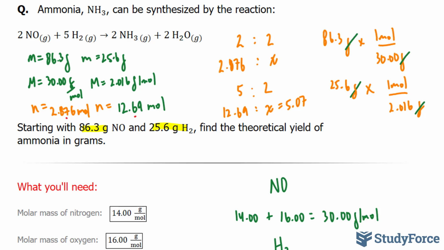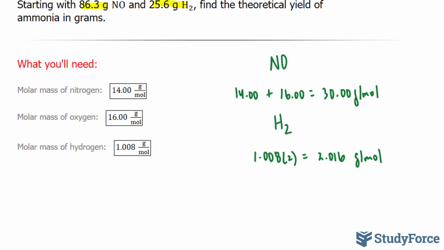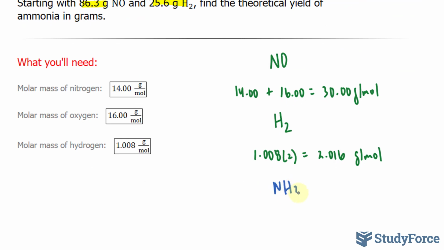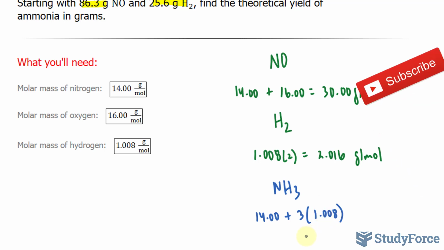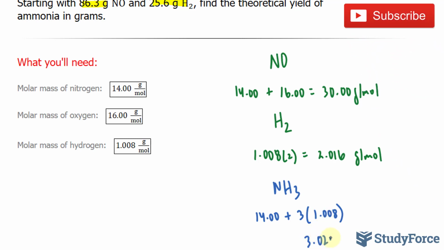So what I'll do is write down for NH3, its number of moles is 2.876 moles. Let's go ahead and find its molar mass, because with the molar mass and the moles, we can find the mass. So the molar mass of NH3 can be found by taking 14.00 plus 3 times 1.008. 3 times 1.008 is 3.024.